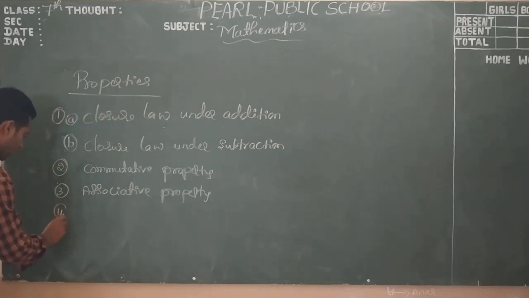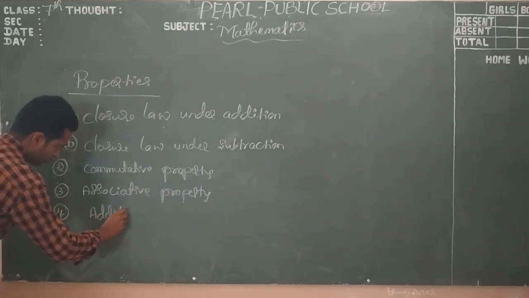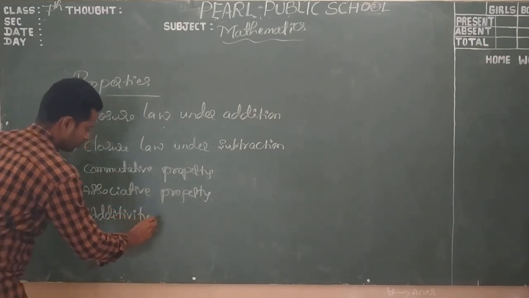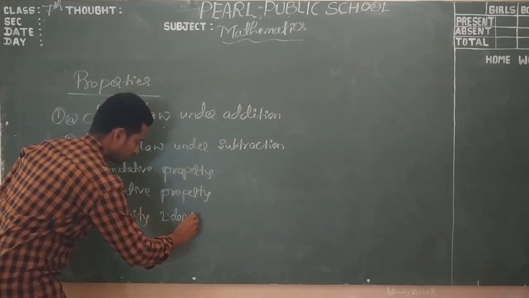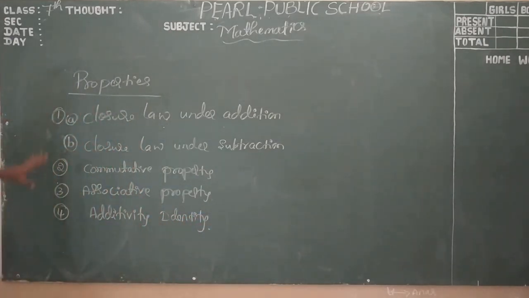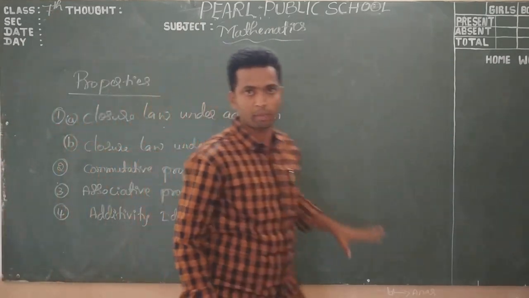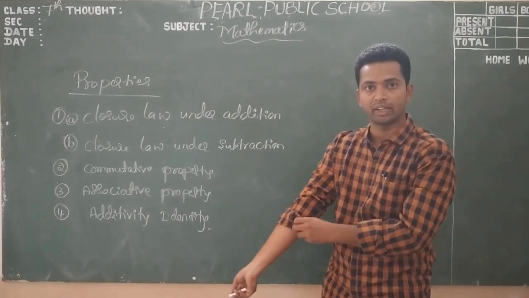And the fourth one is the additive identity. Additive identity. Okay. See, these four properties are very close to the integers.